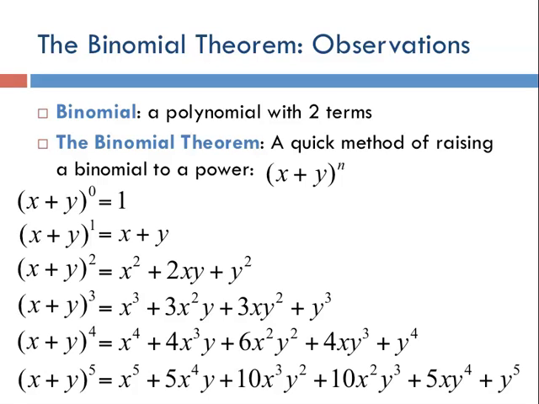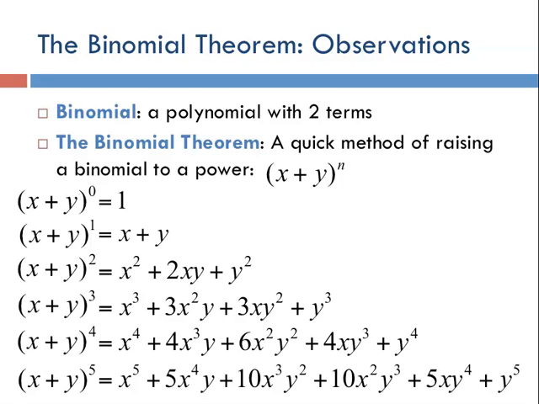Another thing you can notice is that if you look at x and y and the powers on them, you'll notice this probably mostly when you have more and more terms. So if you look at the bottom row, look at the powers of x. It starts with x to the fifth, then x to the fourth, x cubed, x squared, x, and then no x, right? Or x to the 0.